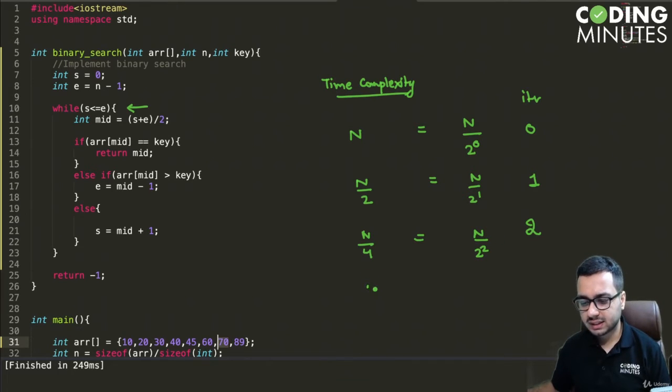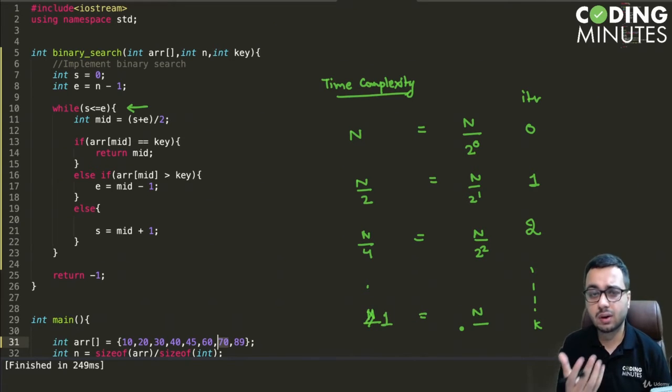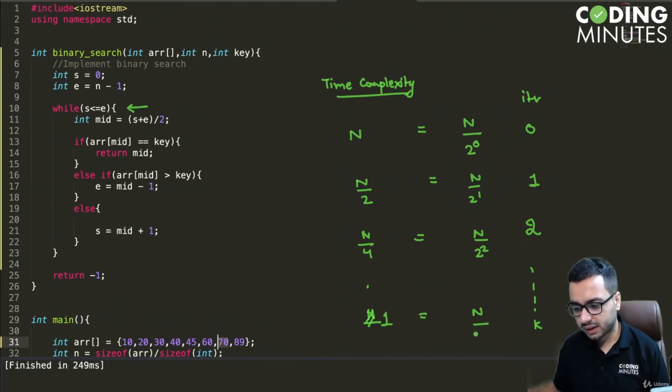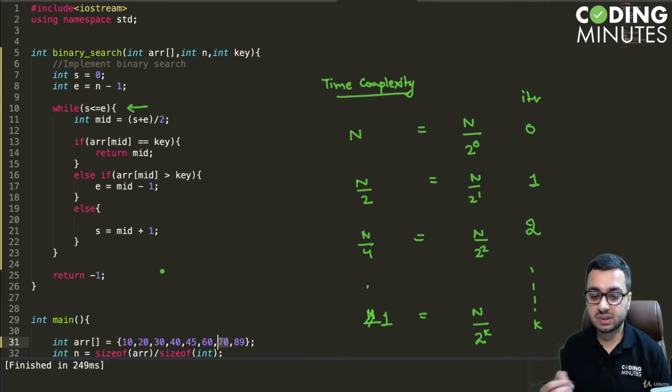After, let's say, k iterations, the array size would become n by 2 raised to the power k, and that should be equal to 1, because we are left with 1 element or 0 elements. So how many times is this loop going to run?